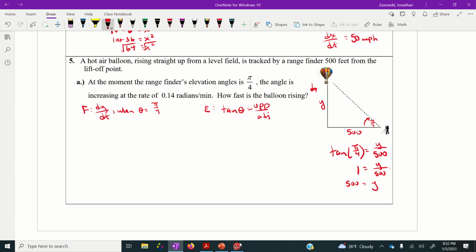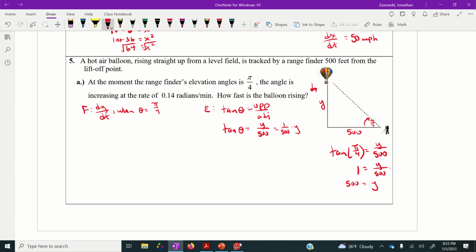So that's key when we take the derivative of this. So remember, this stays the same. So technically our equation is the tangent of theta is equal to y over 500. Or we would say it's 1 over 500 times y.